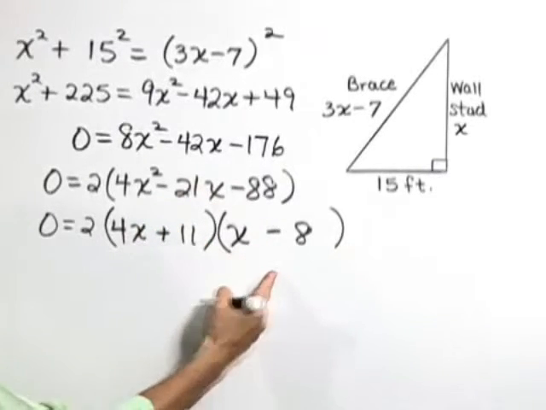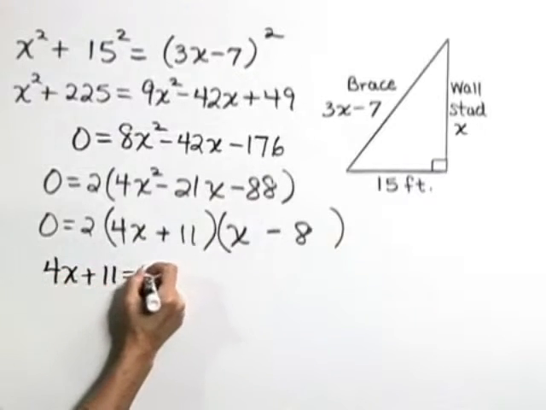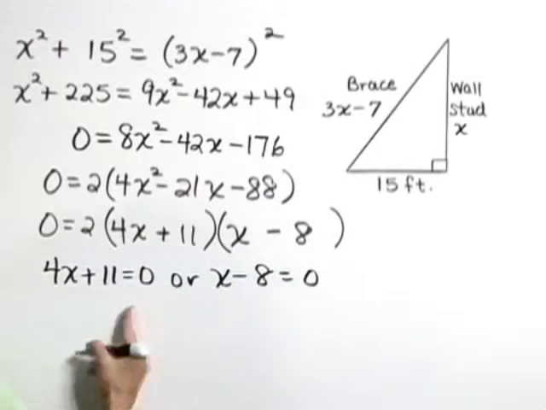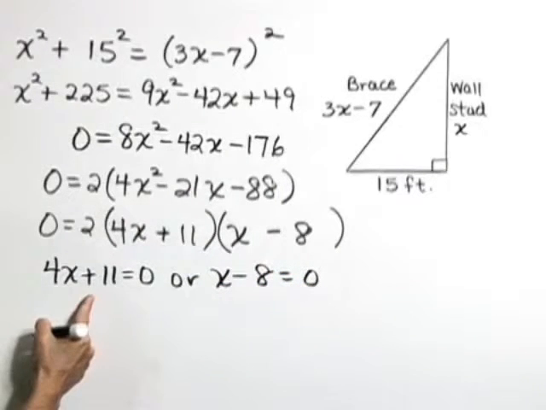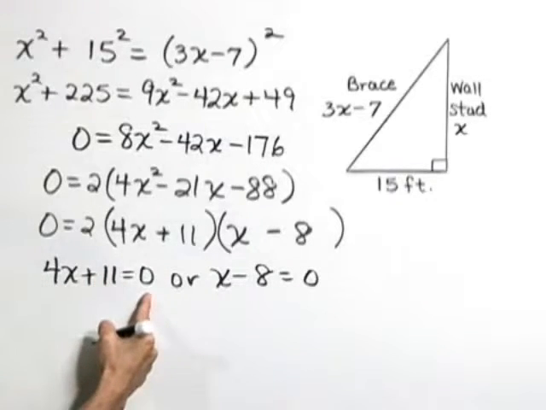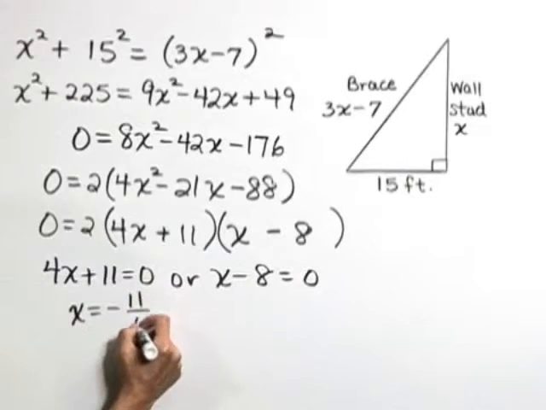Now using the zero factor property, either 4x + 11 is equal to 0 or x - 8 is equal to 0, or both. Solving for x in our first linear piece, by subtracting 11, then dividing by 4 gives x is equal to negative 11 fourths.